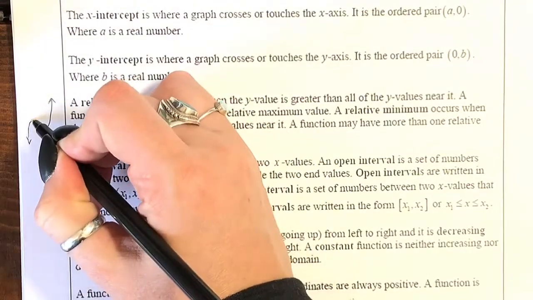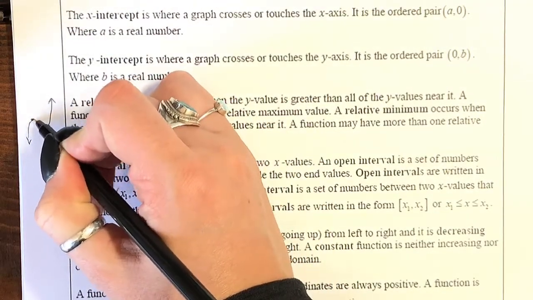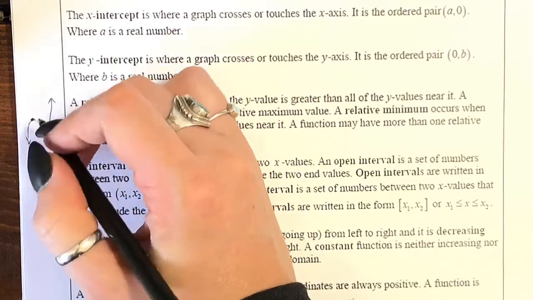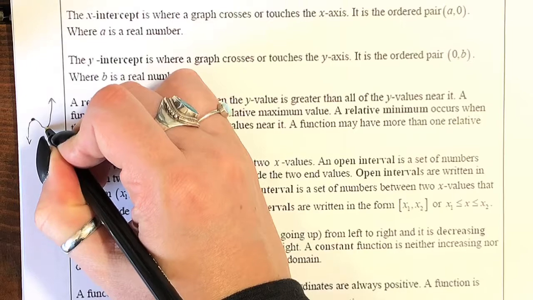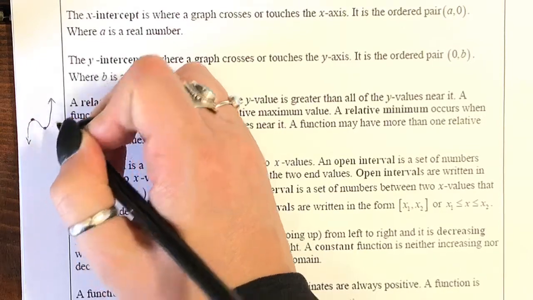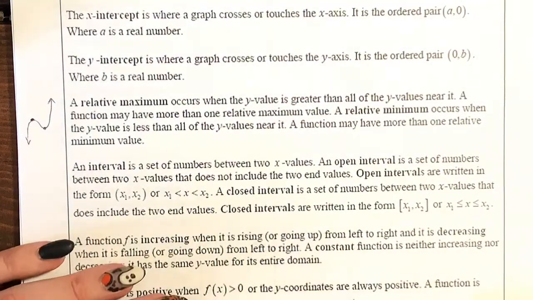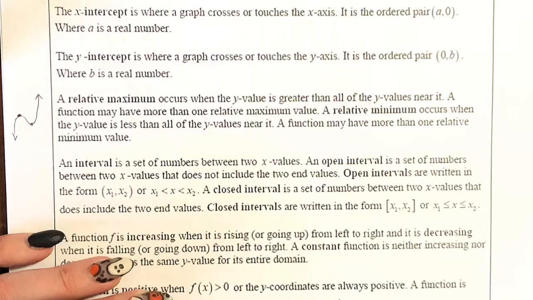This point right here is higher than the points around it, so this would be what we call a relative maximum. And then this little guy down here would be considered a relative minimum because it's lower than the points around it. So again, it's not an overall max or min, it's just relative to the points near it, if it's higher or lower.